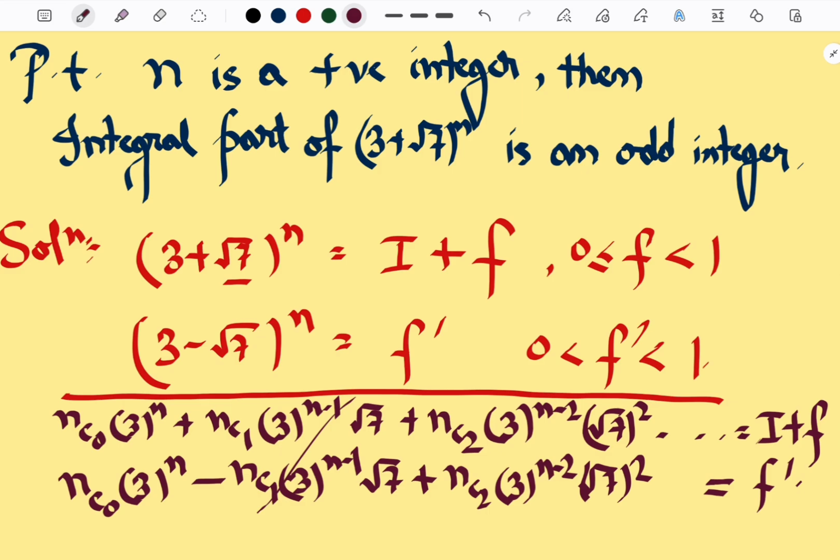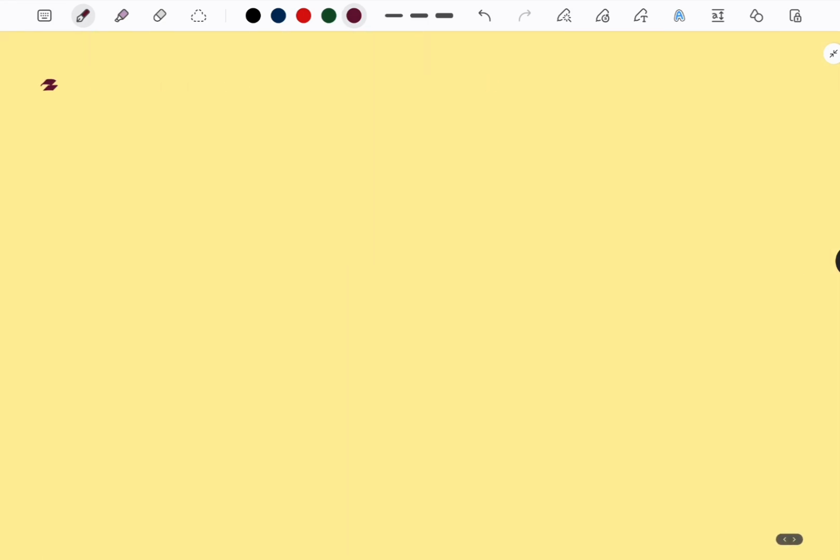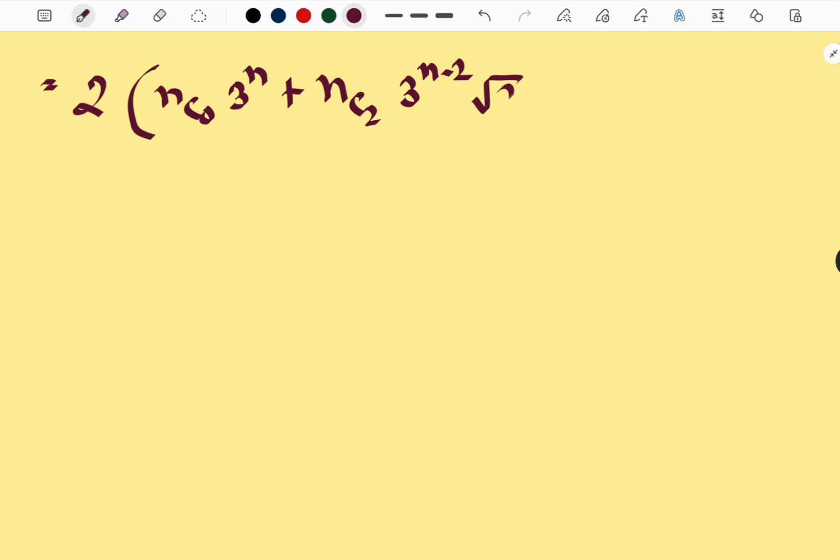The reason is simple: the surds need to be cancelled, because what we are required to find is the integral part. So if we are required to find the integral part, we have to remove the surds. Now what it will become: 2[nC0 3^n + nC2 3^(n−2) (√7)^2 + ...], and it goes on. This will be equal to I + f + f'.